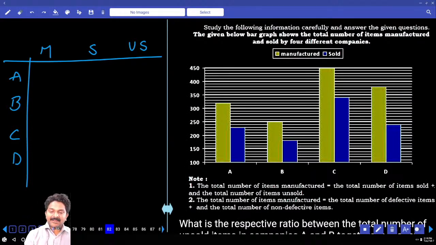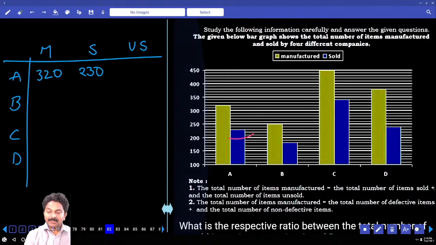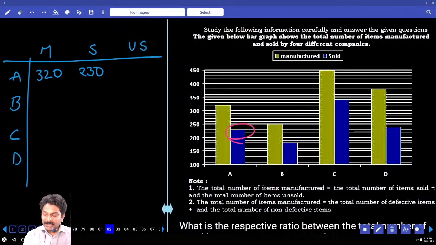Now let's consider the data. We have a 50-50 gap. How many lines are there? 5. Each line is 10. Write the numbers: 320, 230, 230, 230.